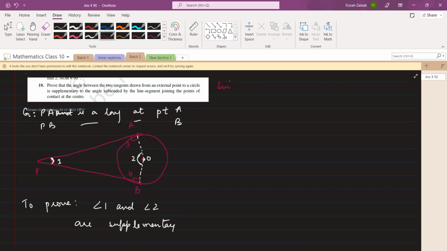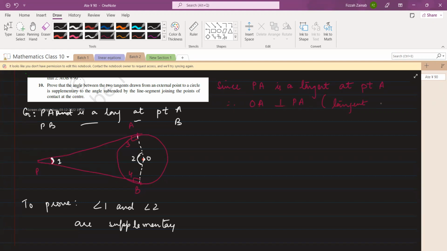So since PA is a tangent at point A, therefore we will say that OA is perpendicular to PA. Please write the theorem. What is the theorem?